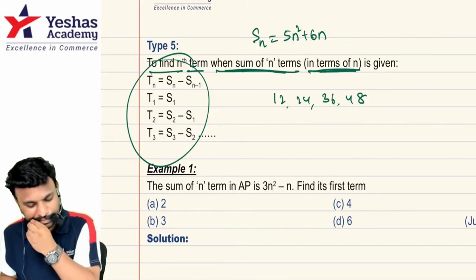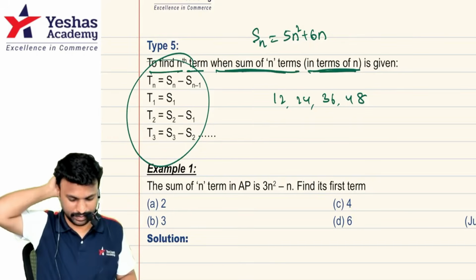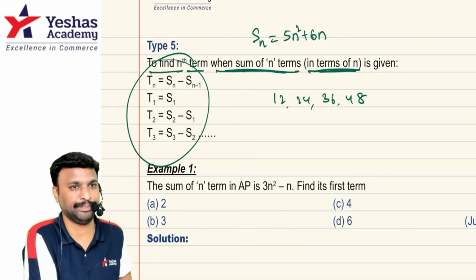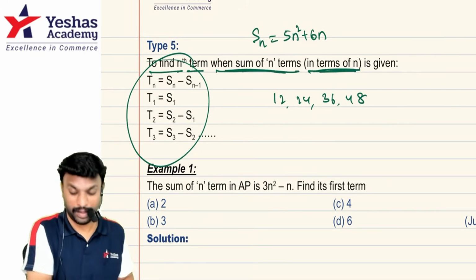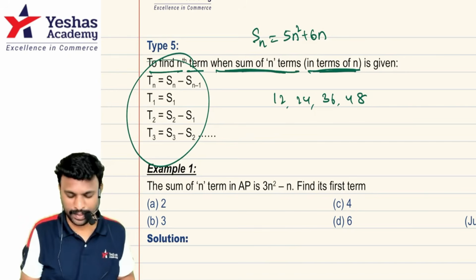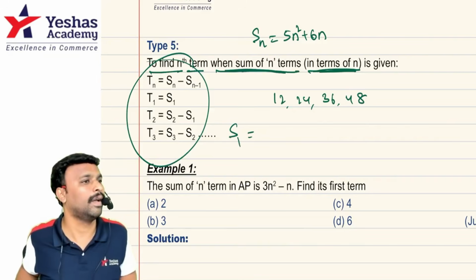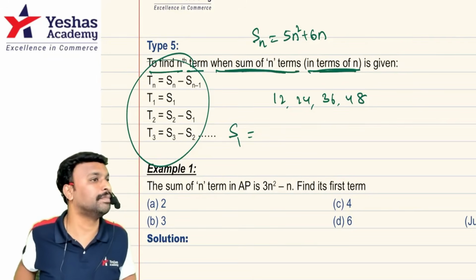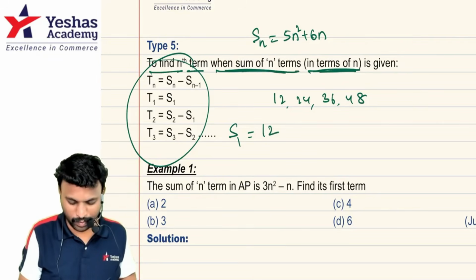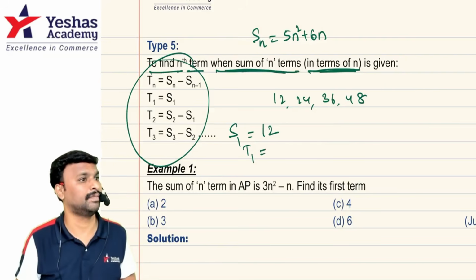Look here. Guys, what is the first term here? What if I ask you the sum of only one term? If I ask you the sum of the first term, well, what if I ask you the first term?